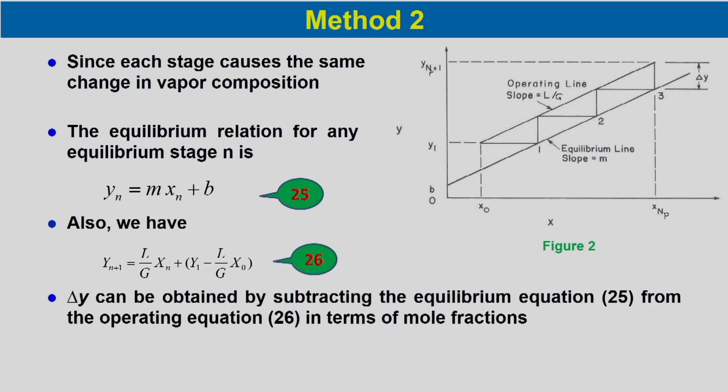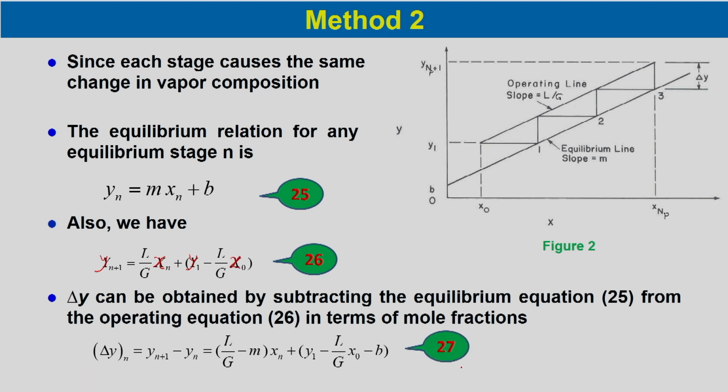Delta y can be obtained by subtracting the equilibrium equation 25 from the operating line equation 26 in terms of the mole fractions, here small y and small x.